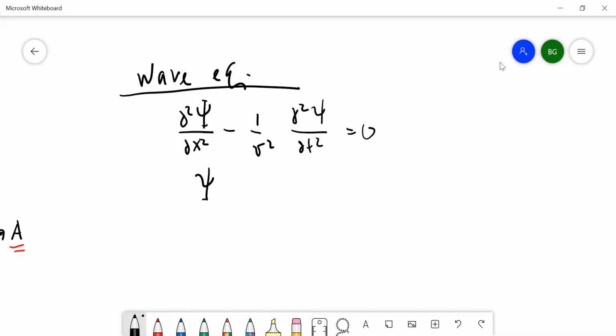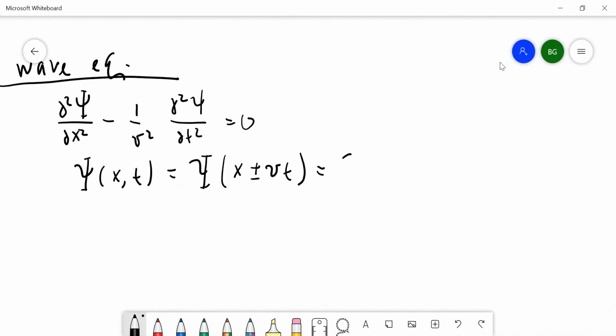This C here is a function of x and t. This we could write this x plus minus vt, okay?